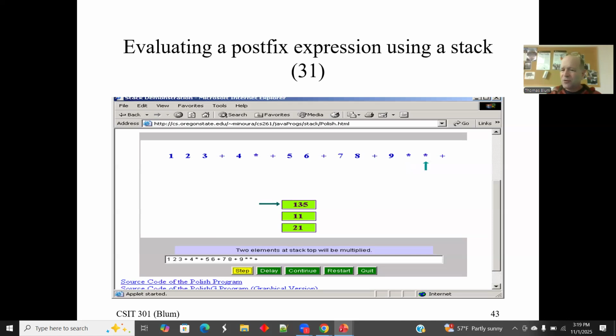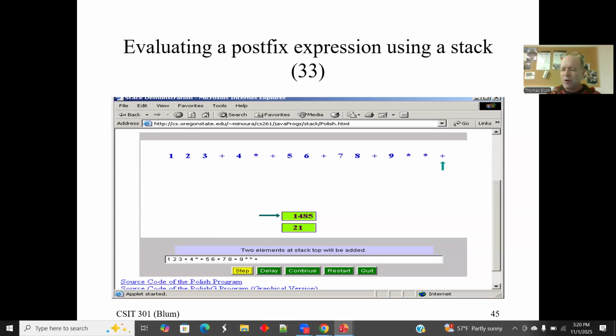I'm going to encounter the next thing on my postfix. It is another operation, another multiplication. I'm going to pop off the 135, pop off the 11, perform the multiplication, and push that result onto the stack. That's the 1485. And then I'm going to encounter the final thing in my postfix expression, the plus.